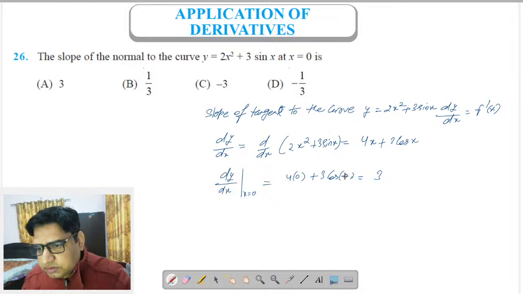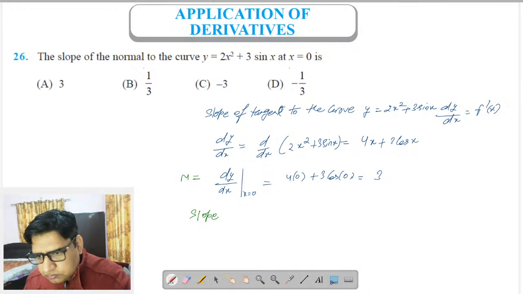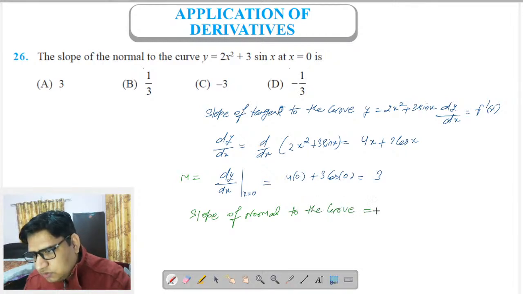Okay, so slope of normal to the curve. If it is m2, and this is m1, the slope of normal to the curve is equal to minus 1 upon m, and m we have already known.